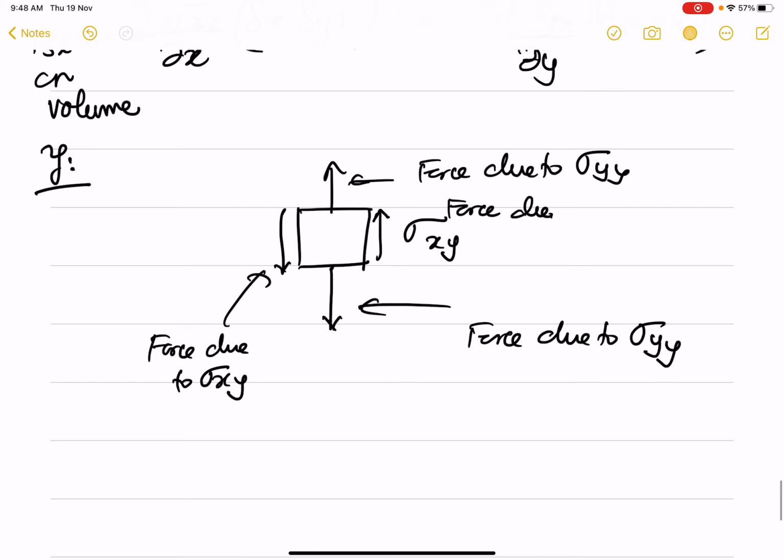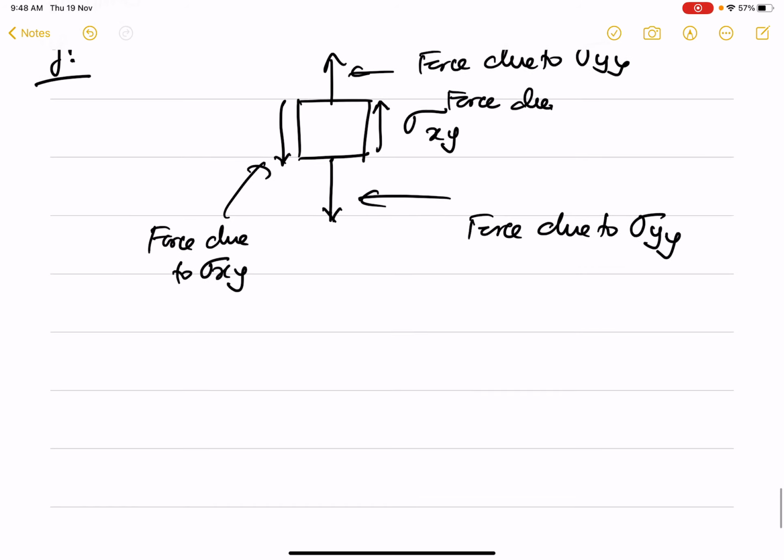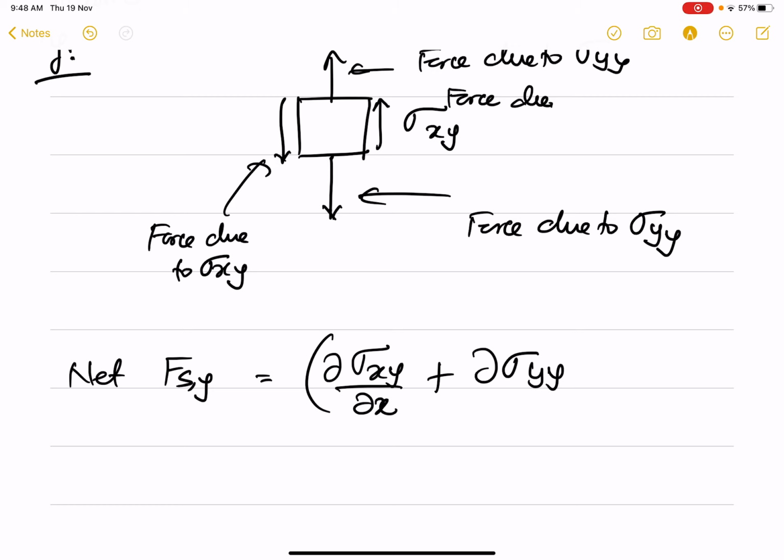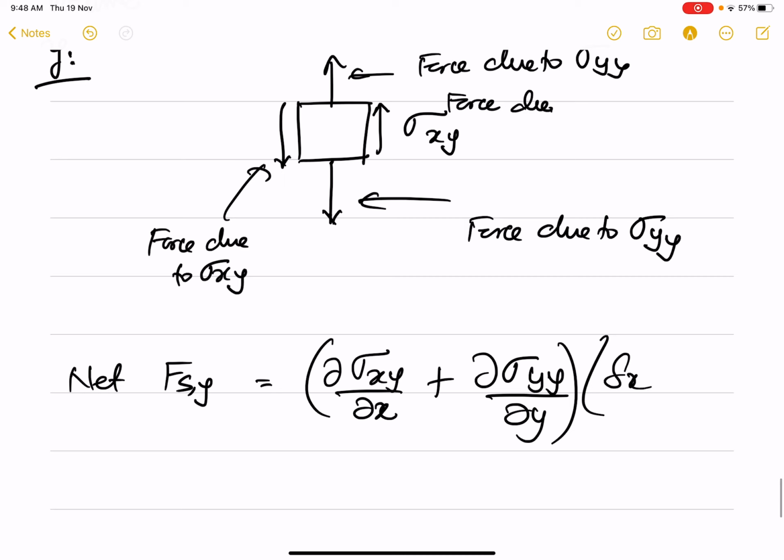So these are all the forces, and once you do the net Fsy on this element, it will be equal to partial sigma xy by partial x plus partial sigma yy by partial y, multiplied by delta x delta y times 1.